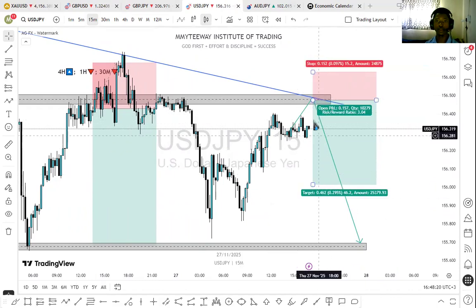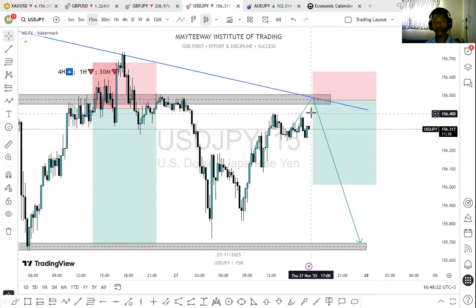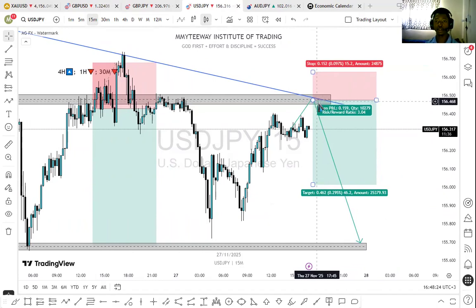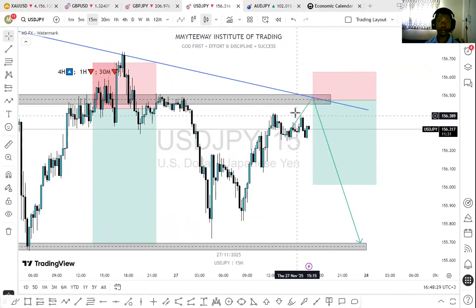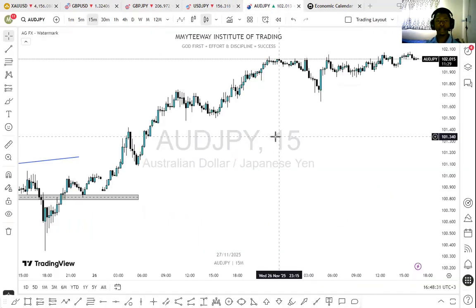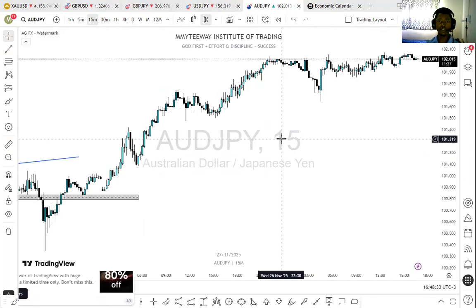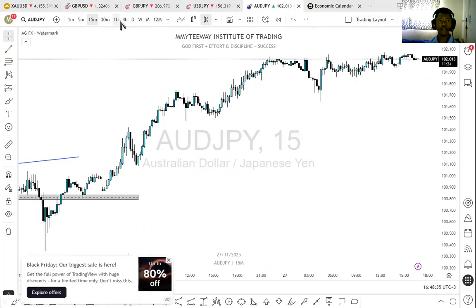We are just going to be waiting for it to come to this area, which is 156,500. And then on AUDJPY, those are the only five pairs I trade.